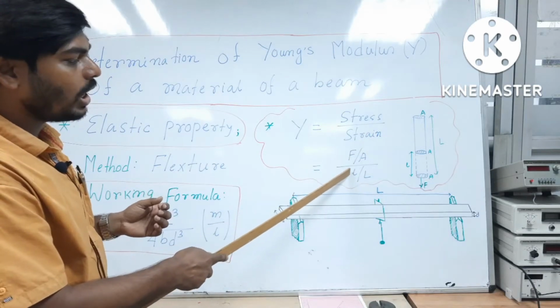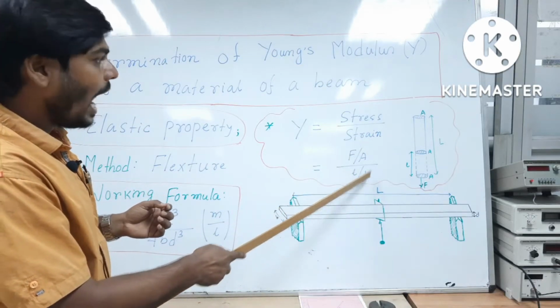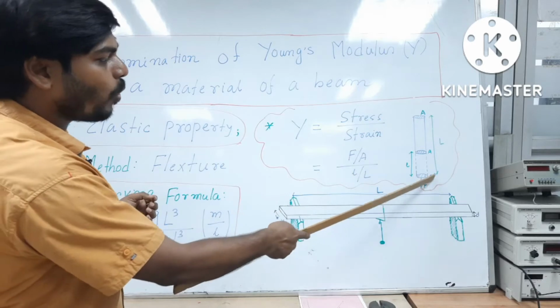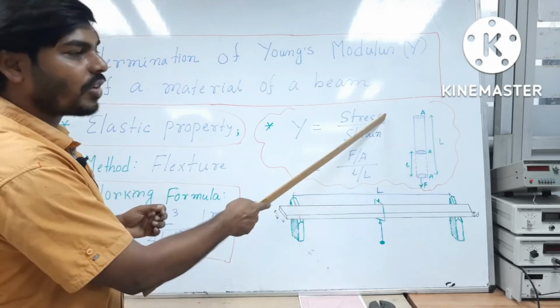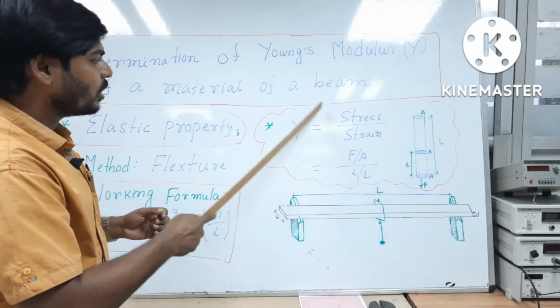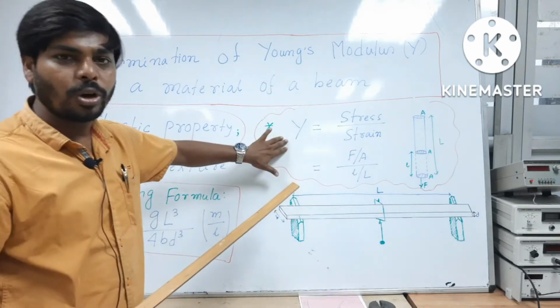Strain is small l by capital L. And what is the stress? How much force is created per unit area? This is the stress, that is F by A. So, this is the definition of Young modulus.